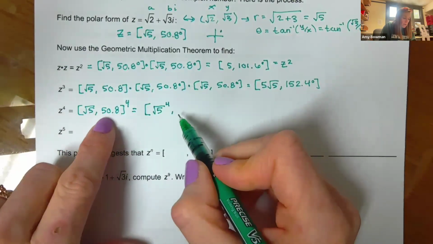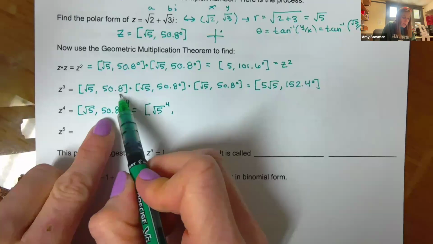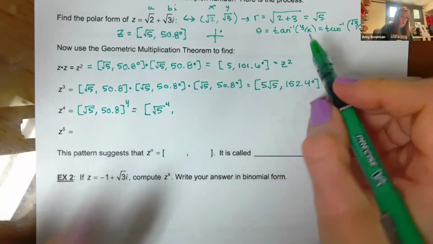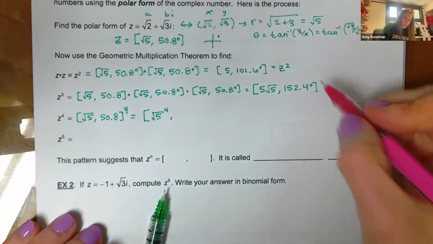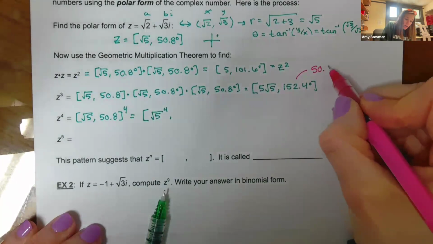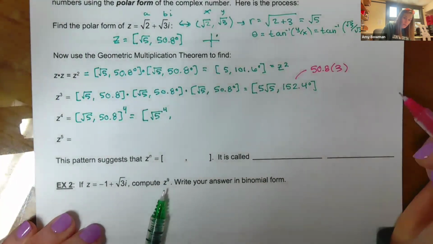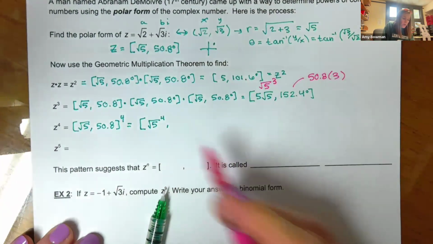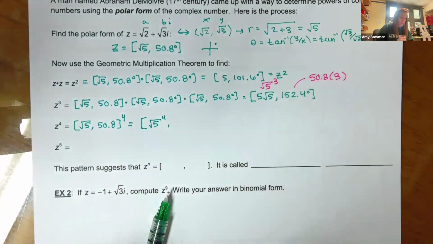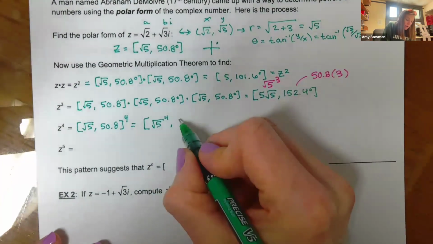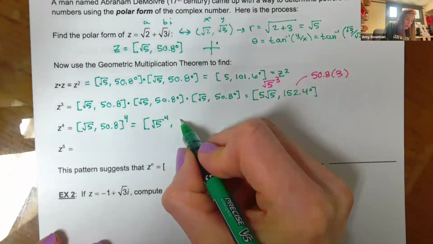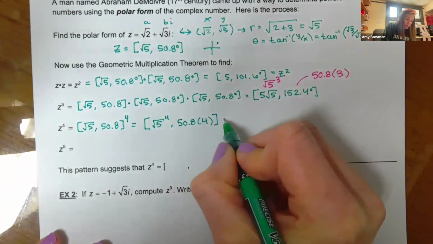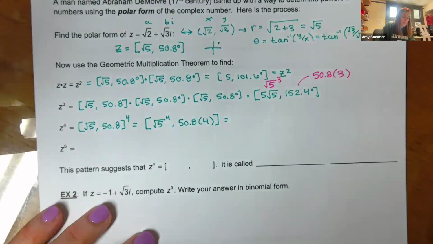Then we've got 50.8, and here we had 50.8 plus 50.8 plus 50.8, which was 50.8 times 3, and this is square root of 5 cubed. So if it's to the fourth power, we have square root of 5 to the fourth, and then this theta value will be 50.8 times 4. So root 5 to the fourth.